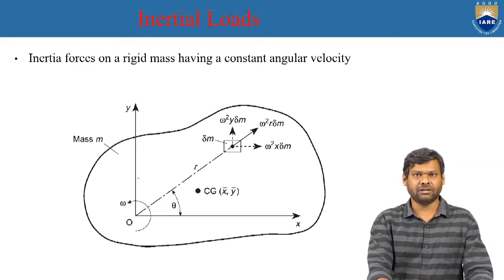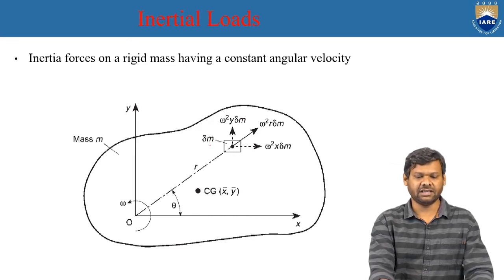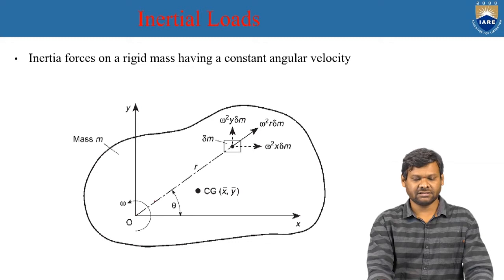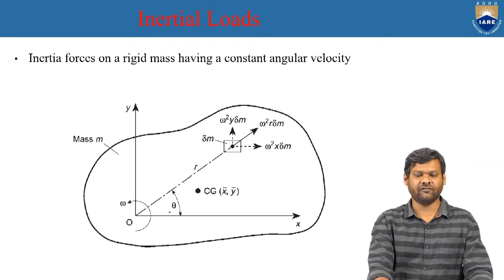This arbitrary body has a mass of m, and r is the position vector, and we have a small elemental volume or elemental mass delta m. This delta m is at a distance of r from the origin and theta from the x axis, and this body is rotating at a constant angular velocity of omega.